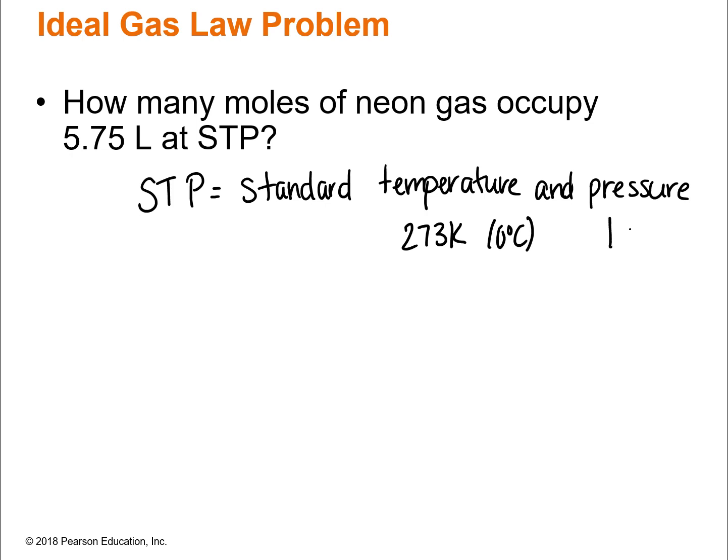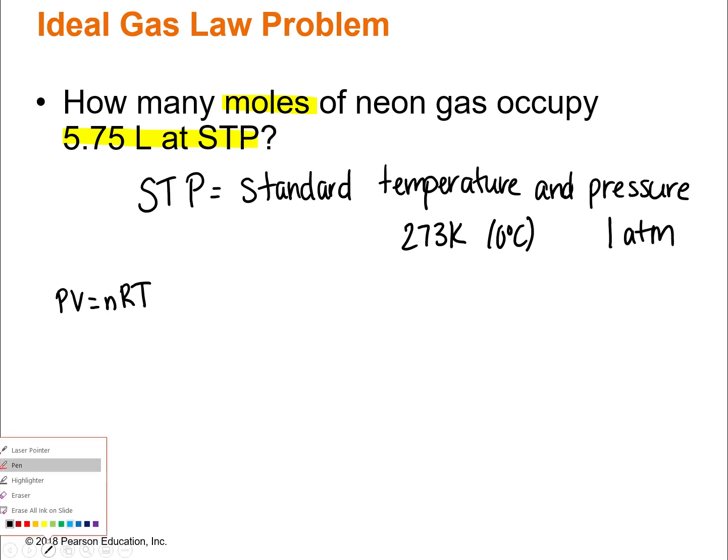And the pressure is 1 atmosphere. The ideal gas law takes into account the number of moles. So anytime that you see a gas law question that's asking about moles, that means you need to use the ideal gas law. We rearrange it to solve for n, which is moles.